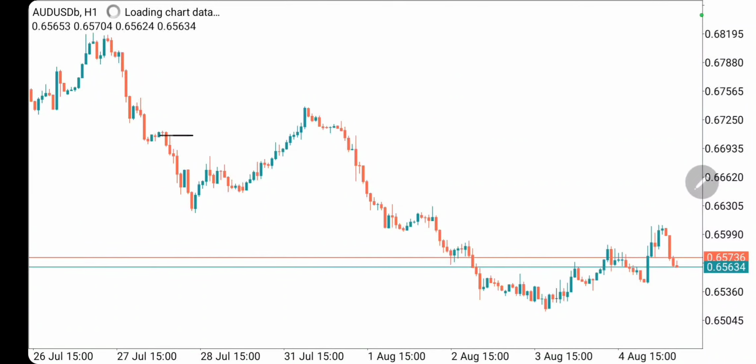Let's see, for example here, this is a supply zone. You can actually see that if you had placed your sell limit order right here, and your stop loss right above here, it would have been activated, and your stop loss would have been hit.